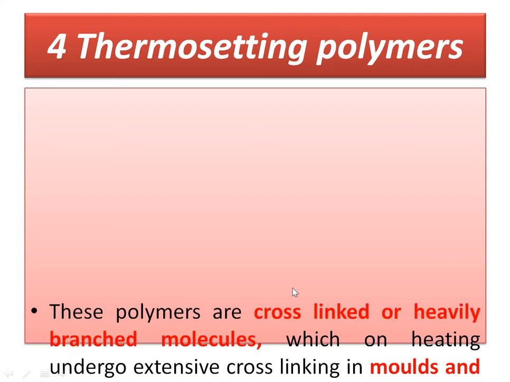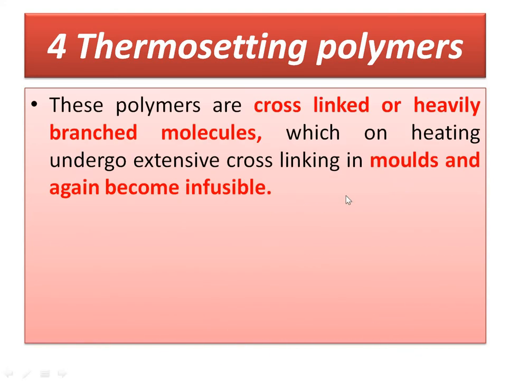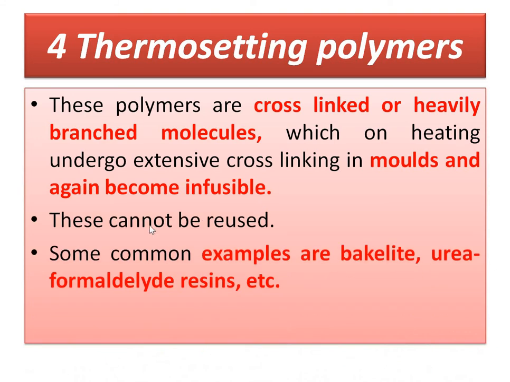Then thermosetting polymers. These are cross-linked or heavily branched molecules which on heating undergo extensive cross-linking in the mould and again become infusible. So this cannot be reused, meaning you cannot utilize the thermosetting plastic again and again. Some common examples are bakelite and urea formaldehyde resins.